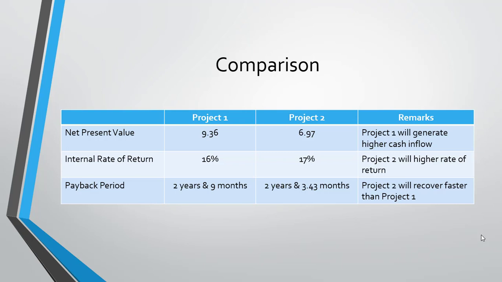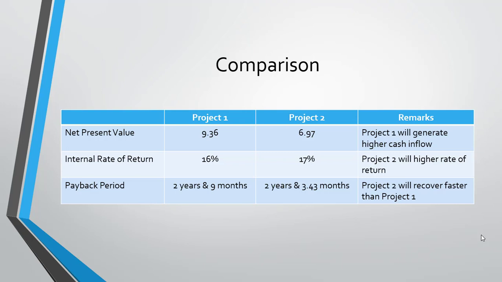Now, project 2 provides a higher internal rate of return, which means with the capital invested, even if it is a small amount for project 2, if you compare it with project 1, higher return, of course, is better for the investor.